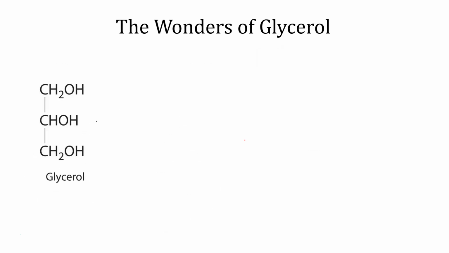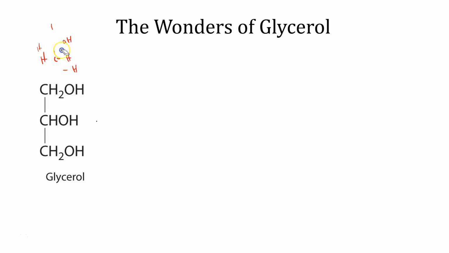Another example is if you were to take glycerol, which again looks like this. You've got the 3 carbons, each one bound to a hydroxyl group, and then filled with hydrogens. Okay, well, you get the picture.